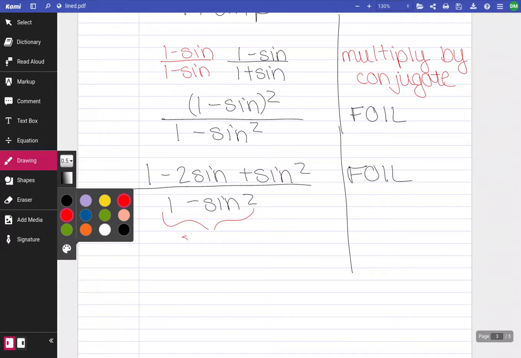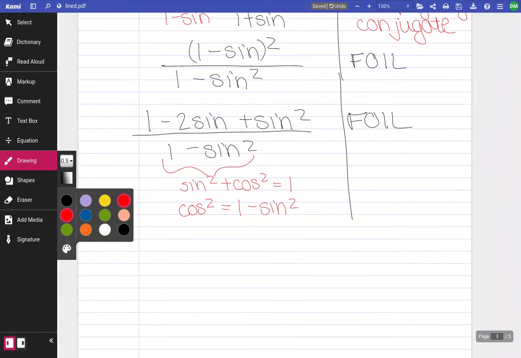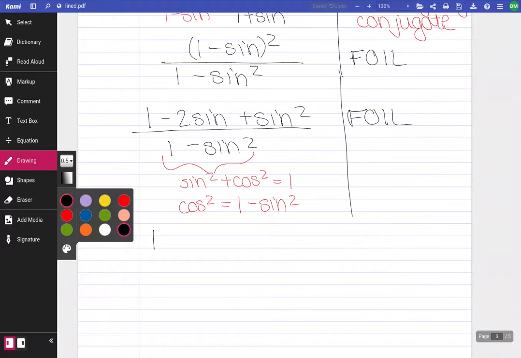So remember, you've got those Pythagorean identities where sine squared plus cosine squared equals 1. And if you move that sine squared over, you'll notice that cosine squared equals 1 minus sine squared. So I'm actually going to take my denominator and replace it completely with a cosine squared.